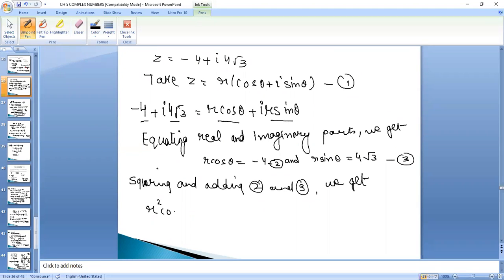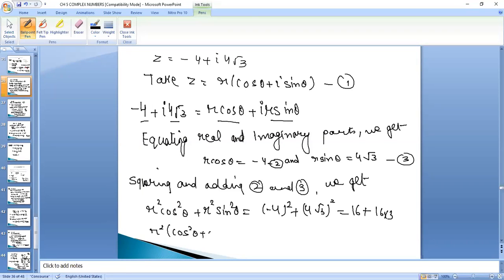R square cos square theta plus R square sin square theta is equals to minus 4 square plus 4 root 3 square. 4 fours are 16 plus 4 fours are 16 into 3, right? So R square common, cos square theta plus sin square theta. Is it okay? Check the calculations also.